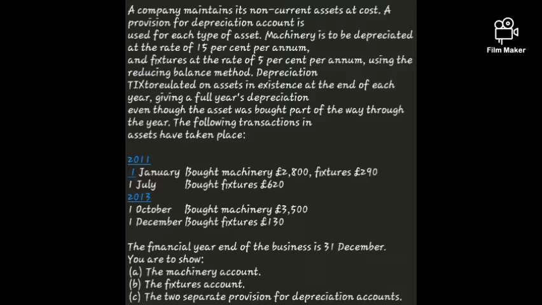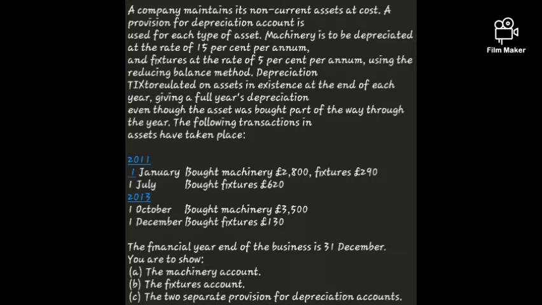The following transactions in assets have taken place: 1st January 2012, machinery and fixtures bought; 1st July, only fixtures bought; and then in 2013, October, machinery bought, and December, fixtures bought. The financial year end of the business is 31st December.